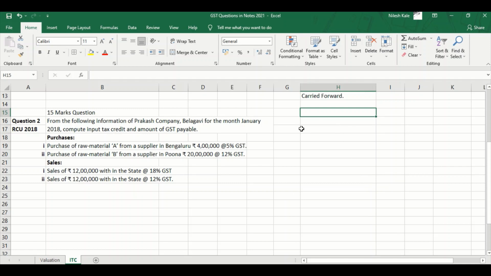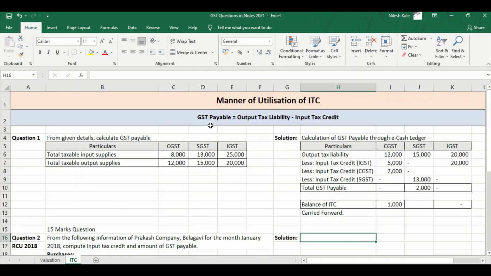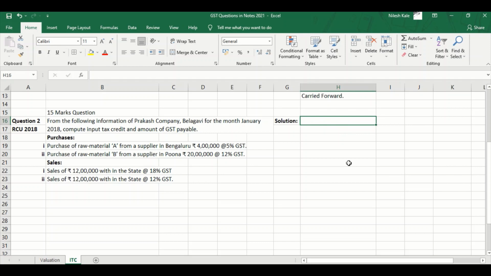Let us start with the solution. First, we will have to calculate the total outward supply and then inward supply, and then we will calculate GST payable. If you look at this formula, GST payable will be the output tax liability minus input tax liability, right?